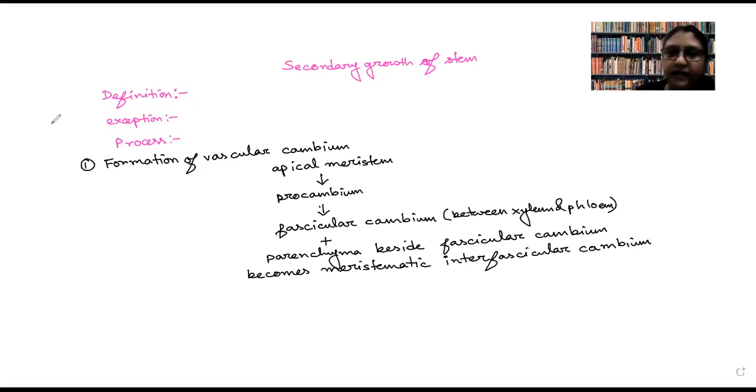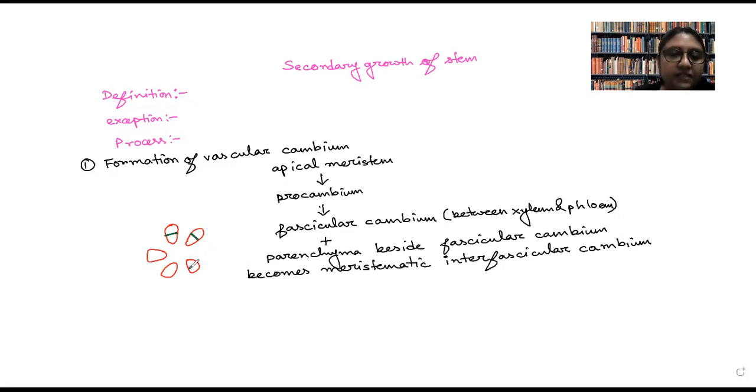Let me draw a diagram to make you understand this more. You know that in case of dicot stem, the xylem and phloem are arranged concentric or conjoint? Conjoint. You know that in between xylem and phloem there will be presence of a cambium. So this green part is what?